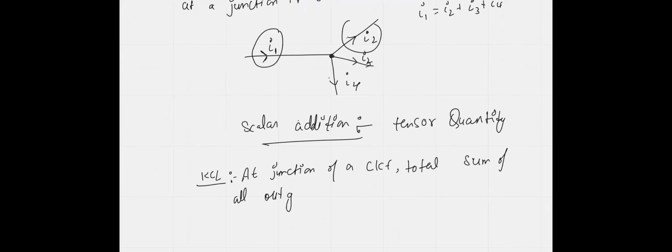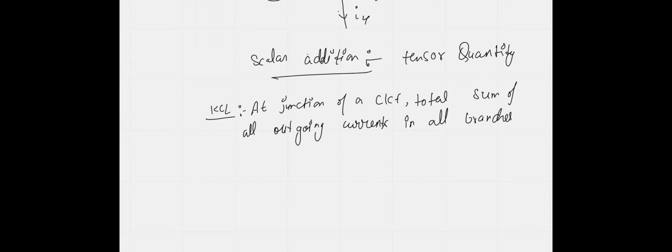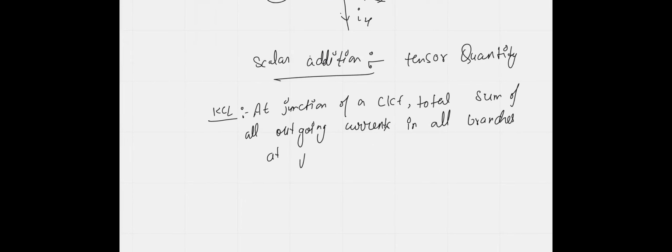KCL says that at a junction of a circuit, the total sum of all outgoing currents in all branches at the junction is zero.